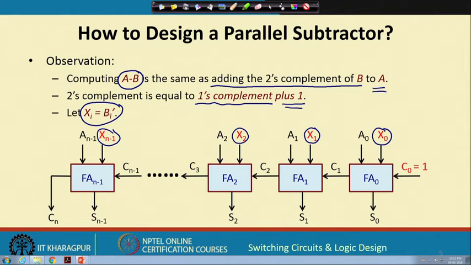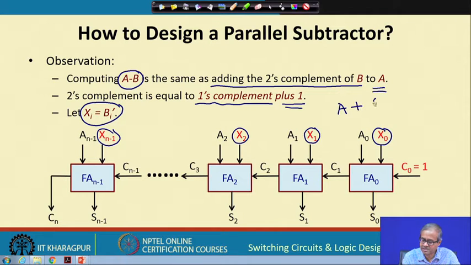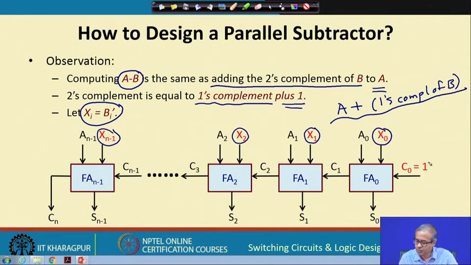These are not of the corresponding b values, which means we are adding a with the 1's complement of b, because 1's complement means just not, but we have to add 2's complement. So, we also add a 1 to the carry input.